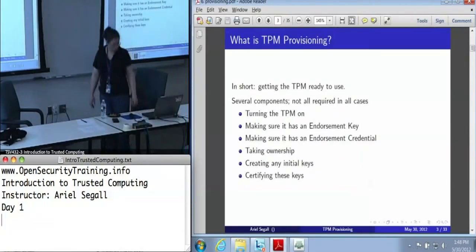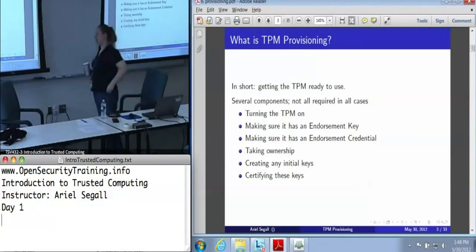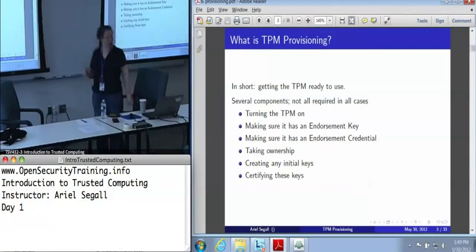So, in short, what we mean by provisioning is getting the TPM ready to make use of. There are several steps to it, not all of which are required in every case, and we'll be going into a little bit about why in a moment. You need to make sure that the TPM is turned on, because they usually ship turned off.